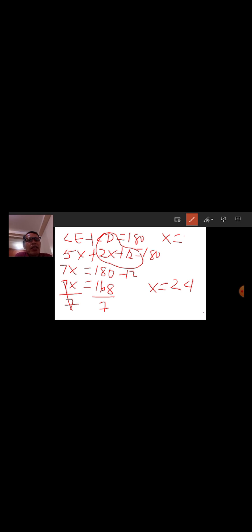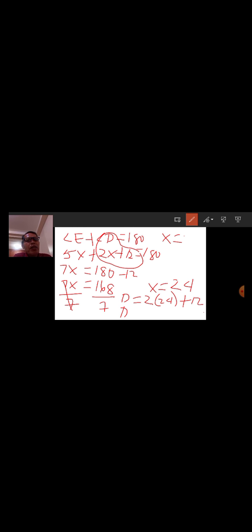And then you are told to find the value of angle D now. So angle D, this one. The value of angle D is this one. So you are going to substitute. Let's erase this. Okay. So angle D is equal to 2 times x, which is 24, plus 12.